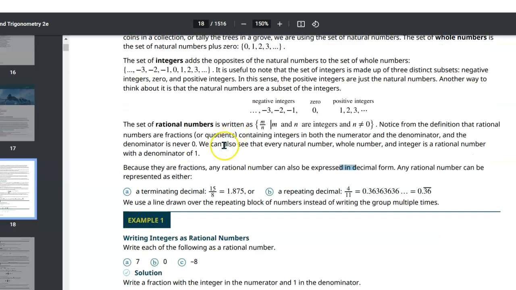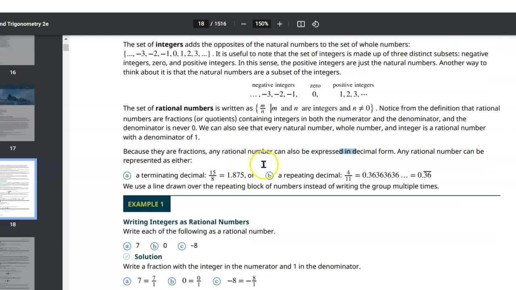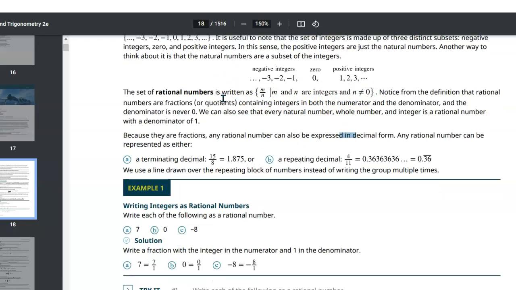A rational number is a decimal that can be written as a fraction of two integers, m and n, where, of course, n on the bottom will not be 0. And they indicate that here.